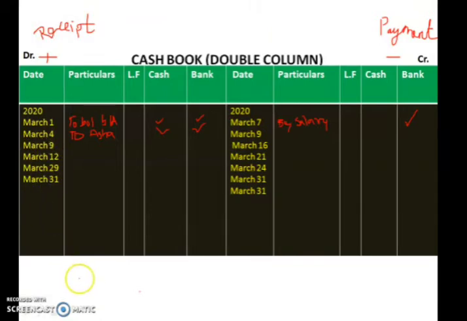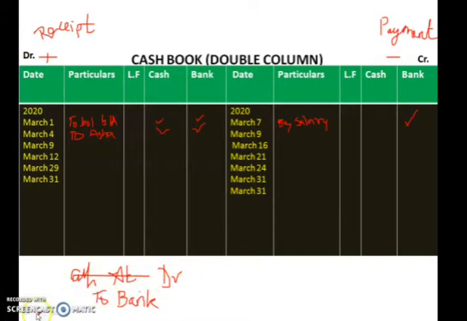March 9, the journal entry will be cash account will be debited to bank. So see here, cash is debited.